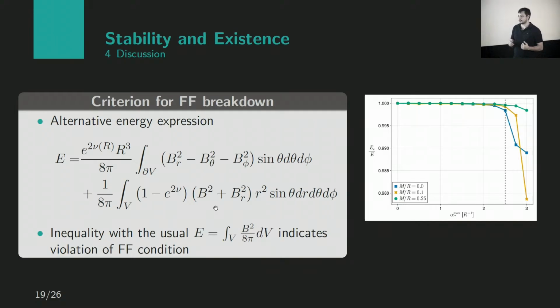If these two do not coincide, this expression is valid only in the case of force-free. So if these two definitions do not coincide, this means that probably your solution somewhere violates the force-free condition, and this is indeed what happened in our case. This is why we chose this line here to exclude and discard the models that do not satisfy this criterion, this equality.